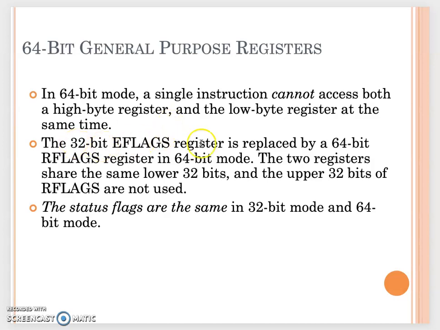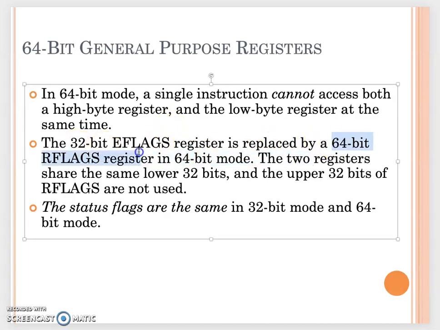So even though you have the 64-bit RFLAGS register, they're only using the lower 32 bits. That's what we told you earlier, because we don't have that many status flags.